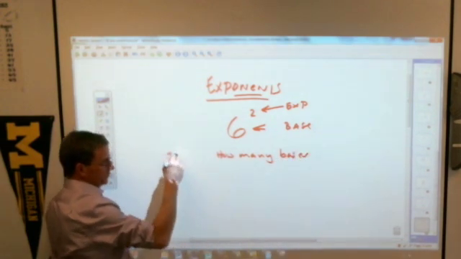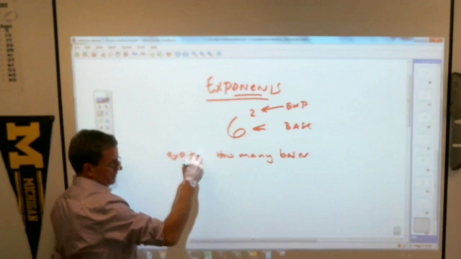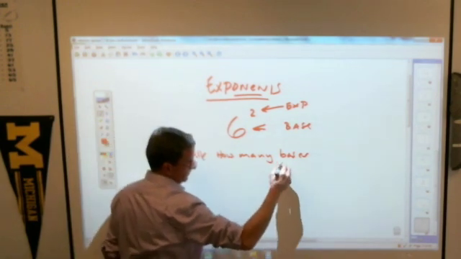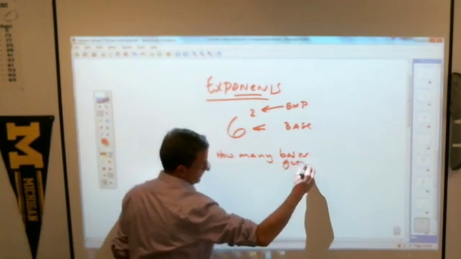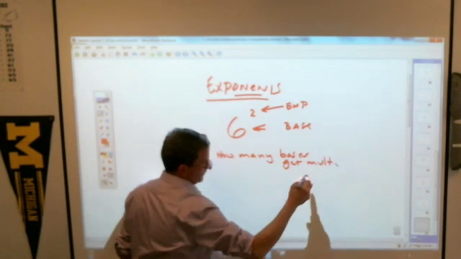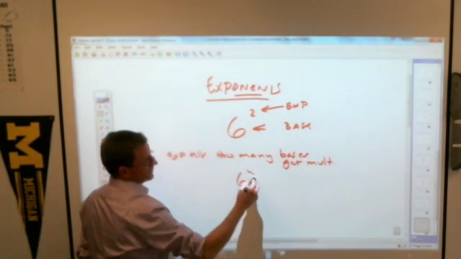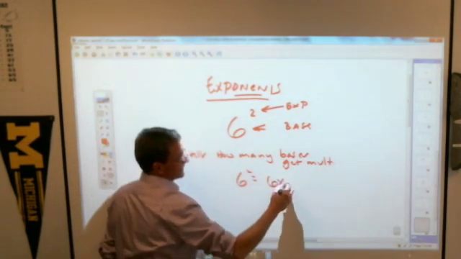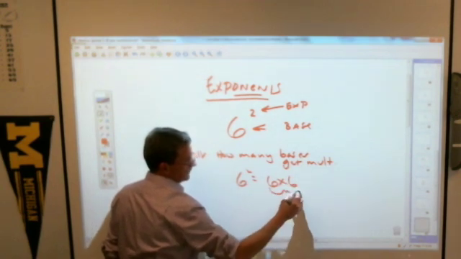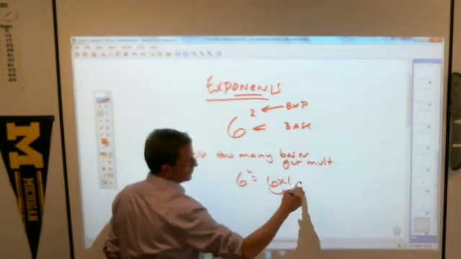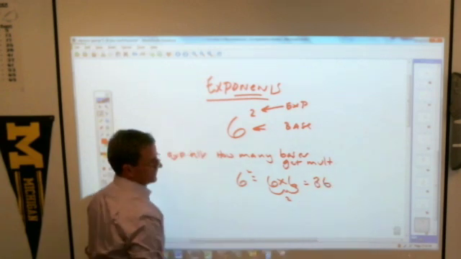The exponent tells you how many bases get multiplied together. And so 6 to the second power is not 12, it is 6 times 6. There are 2 of these that get multiplied together. That's where the 2 comes from, and that is 36.